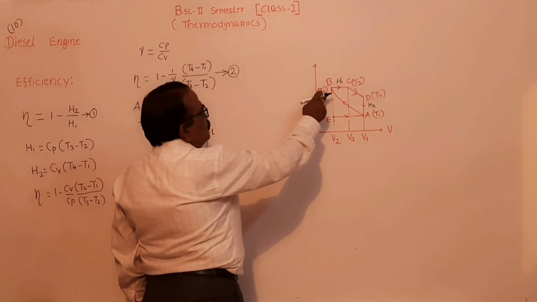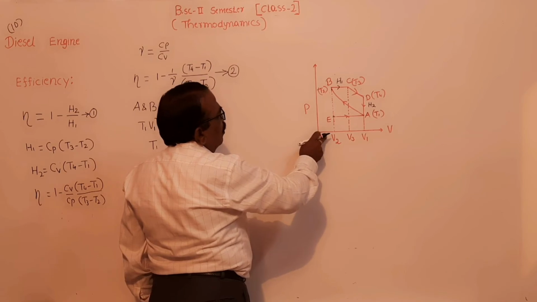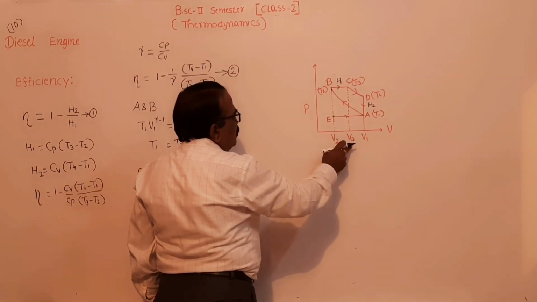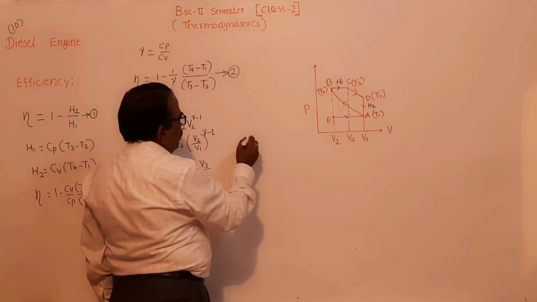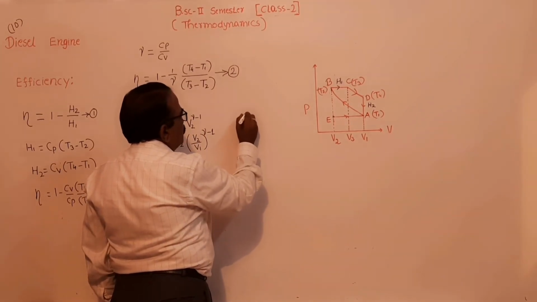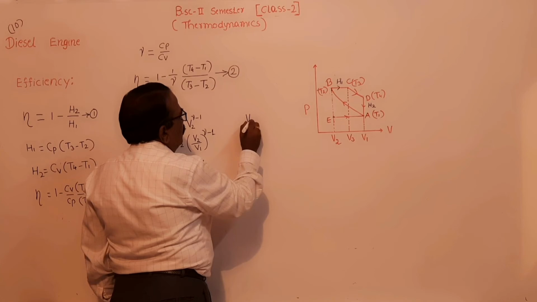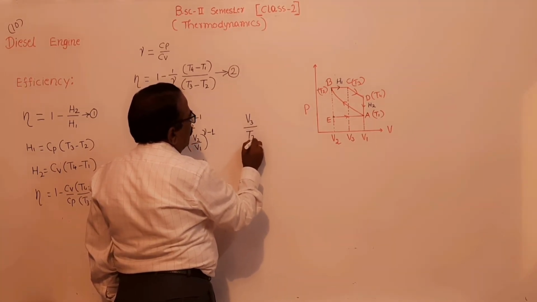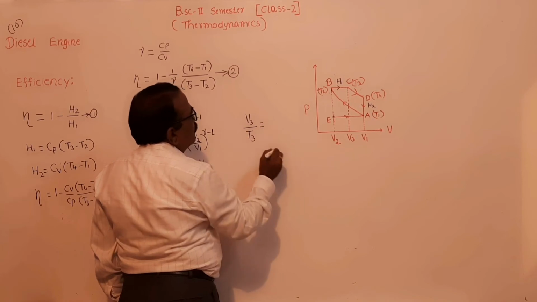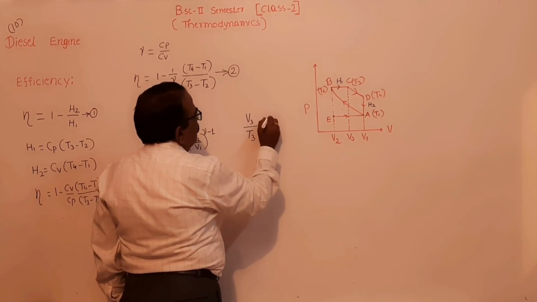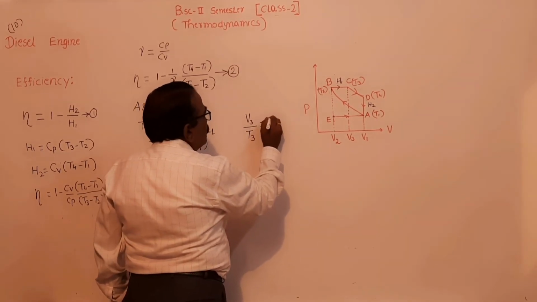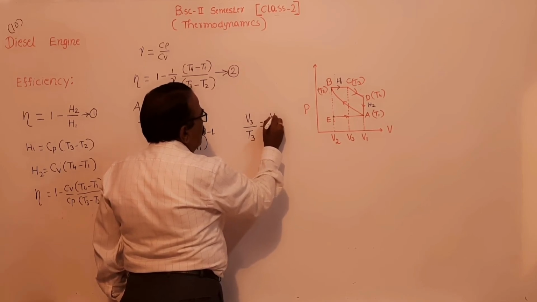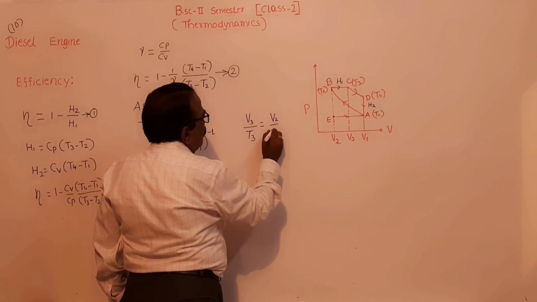Here temperature is T2, volume is V2. And temperature is T3, volume is V3. For this I can write V3 by T3 is equal to V2 by T2.